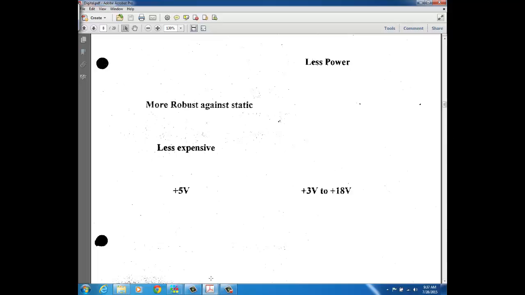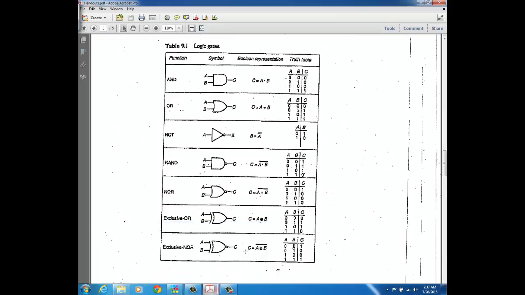Now, the last thing I wanted to talk about is that on Polylearn, there's a PDF that is a summary of all the different gates with the symbols, the Boolean algebra expression, and also the truth tables for 2 inputs. On any quiz or test, this handout would be provided.